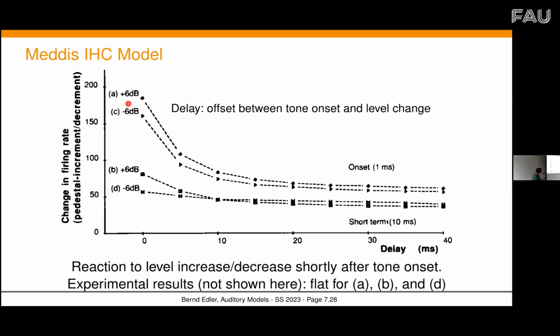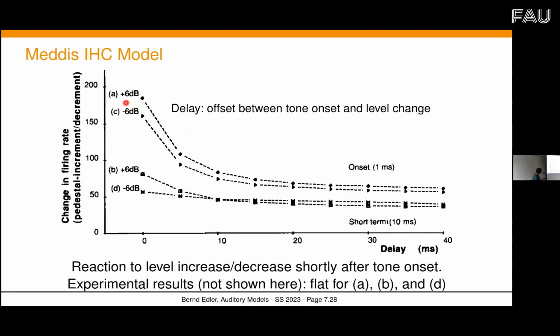Here you see there's a much stronger impact when you are close to the onset. This was for different durations. So this is the level difference between the level change and the measurement.